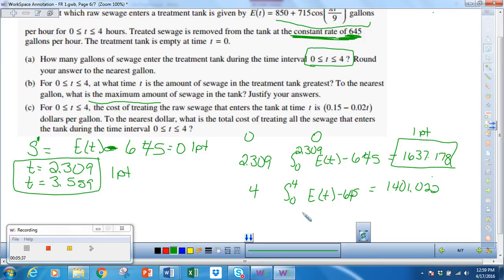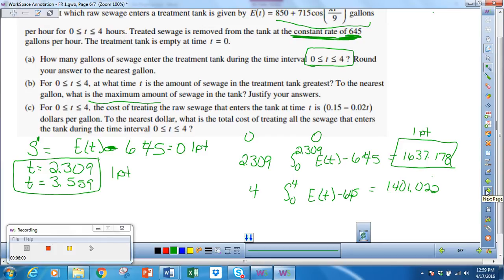And you have 1 point for your conclusion. And your conclusion is at 2.309 hours, you have the maximum amount of 1637.178 in the tank. No one got that. Most people got at least this 1 point. Some people got that, but I don't think anyone got all 4 points.